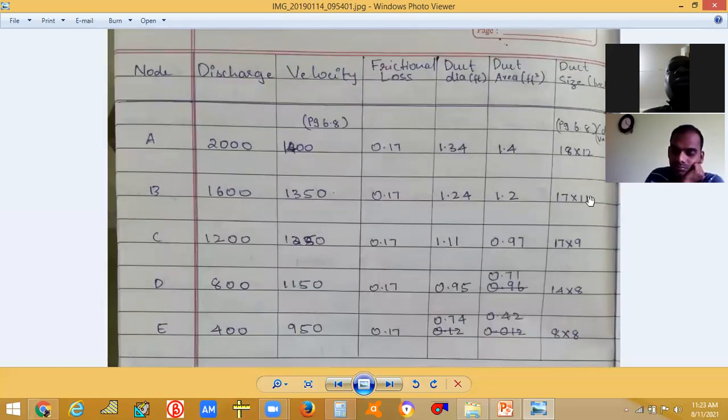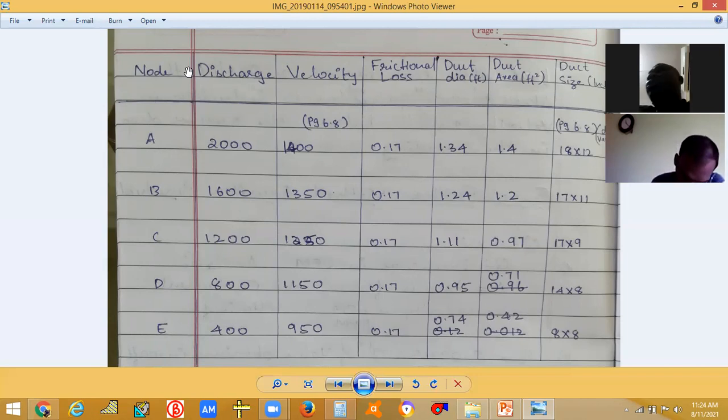See whether the answer is getting correct or not. For node C, are you getting this answer? Just let me know. Any doubts?